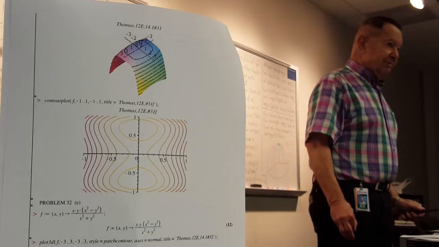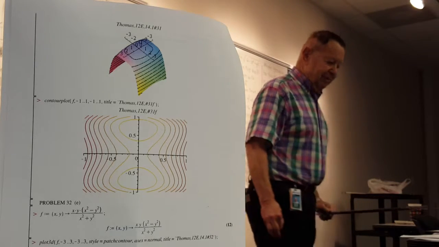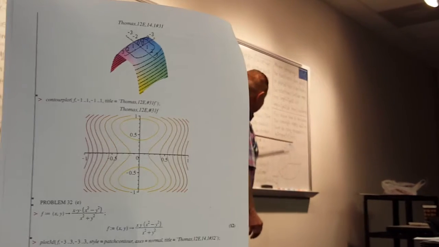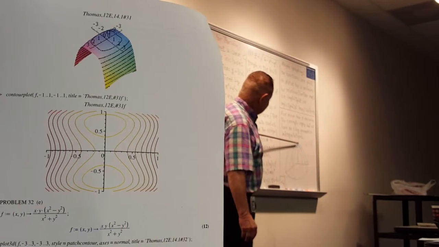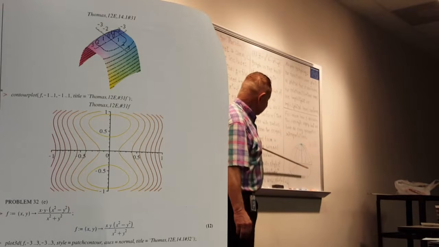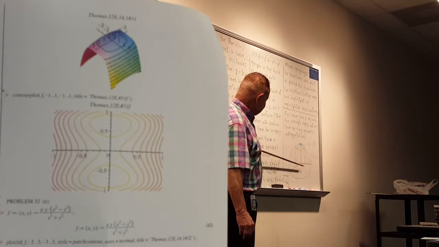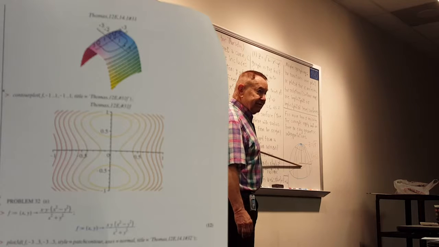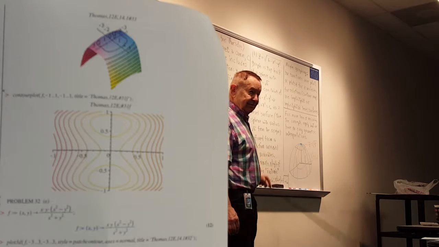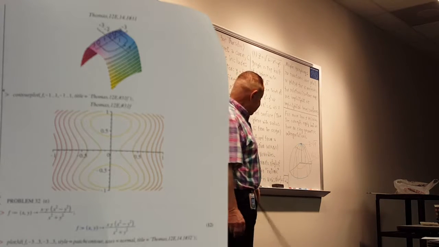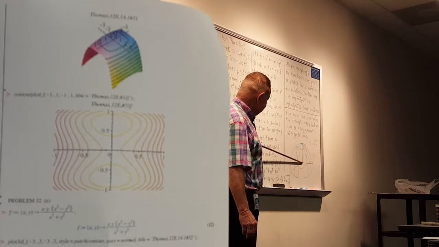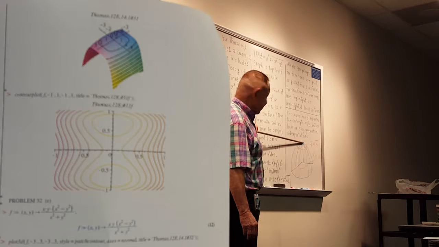A simpler example of these problems would be something like this again. If you had a hemisphere as your surface, the corresponding contour map would be concentric circles down here in the XY plane. The circle that is squeezed down to a point would correspond to the North Pole.